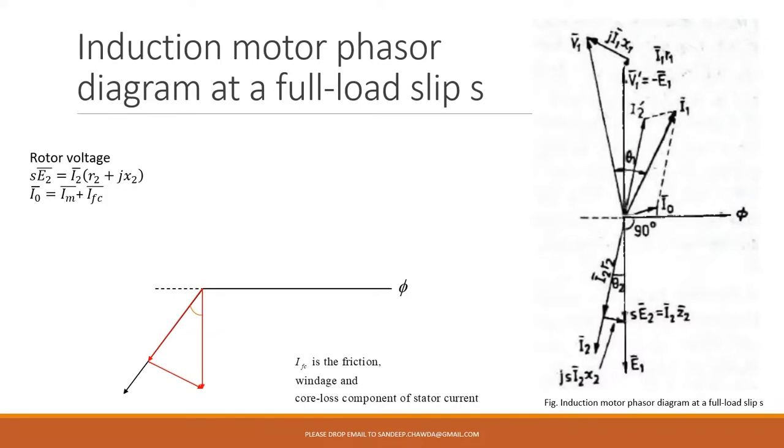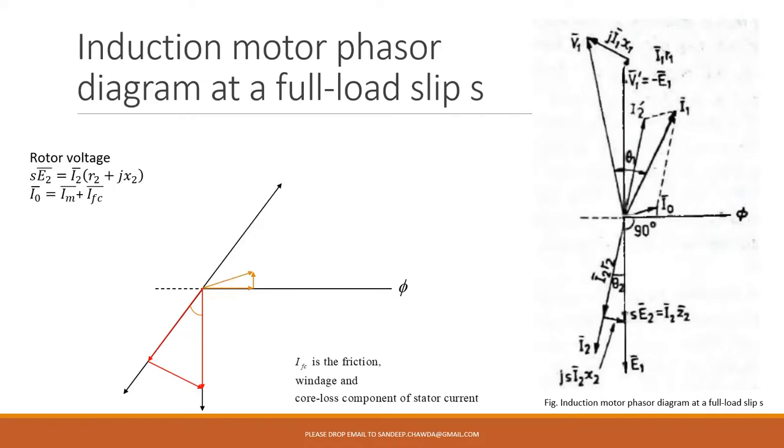E2 is obtained, then you can draw E1. After E1, you can go with this E1 dash, because you are not going to get this I0 otherwise. So that is drawn here. IM can be drawn. So IM is drawn here. Then IC is drawn. In this case it will be IFC, and this is going to give you I0.